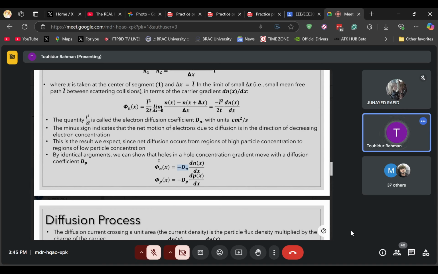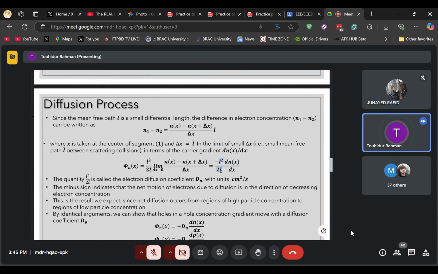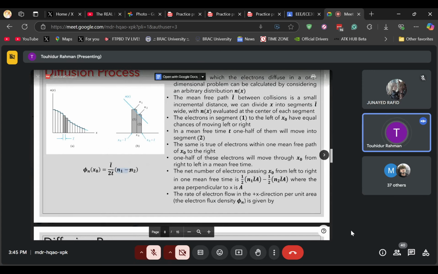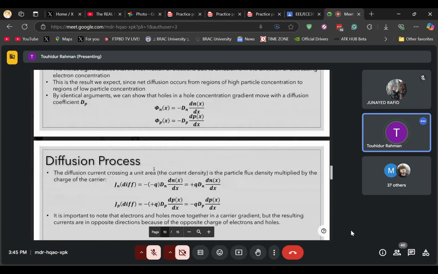If you recall the equation of nqv, because we have concentration, we have velocity, we already have n and v here. So in order to calculate the current, what do we need to do?